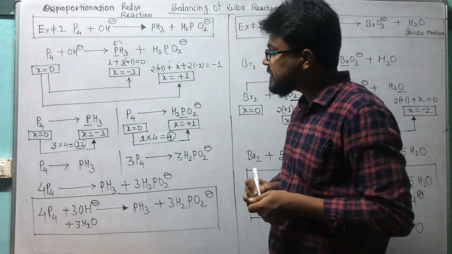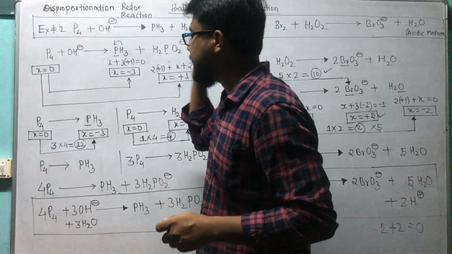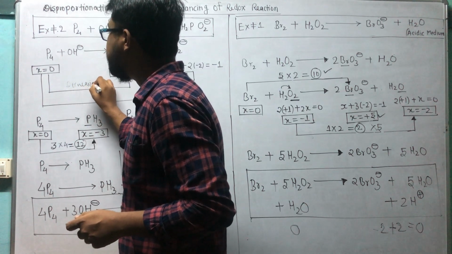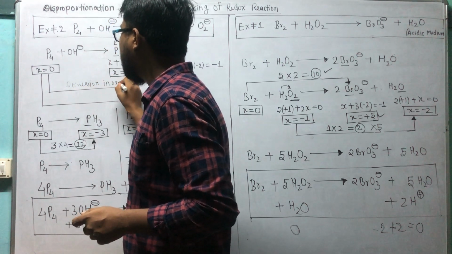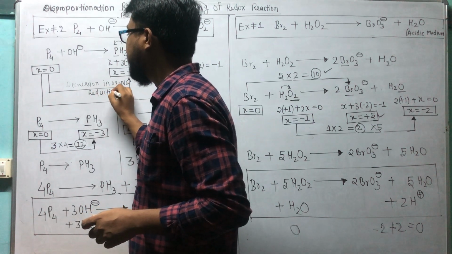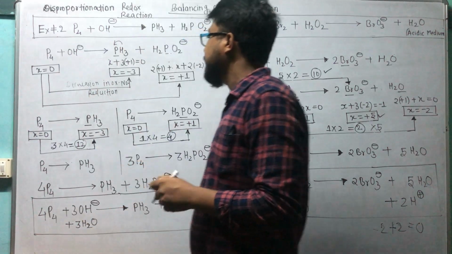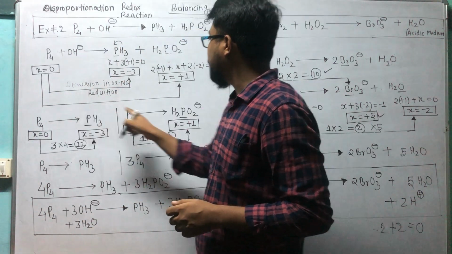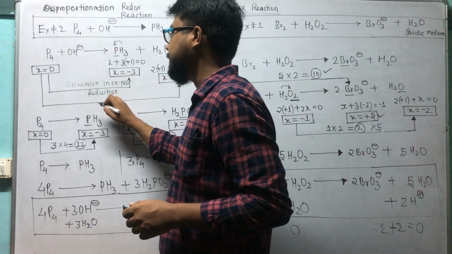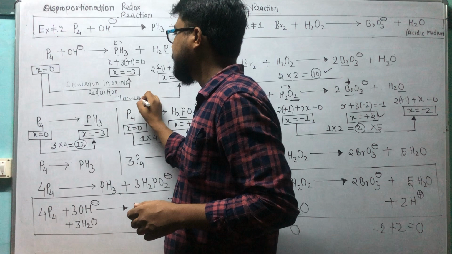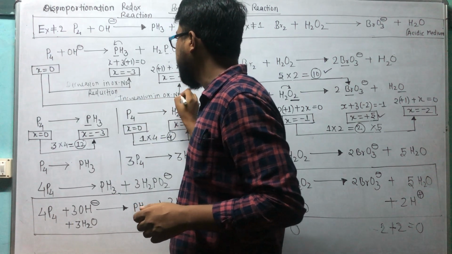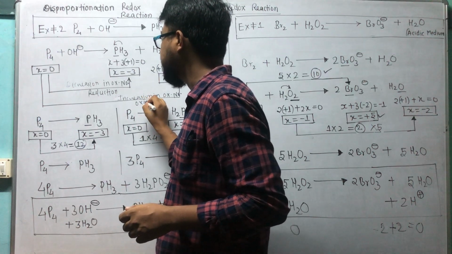Correct? Next, here 0 to -3, there is a decrease in oxidation number, or we can say it is reduction. Agreed? Yes. Here 0 to +1, we can write there is an increase in oxidation number, and now it is oxidation.